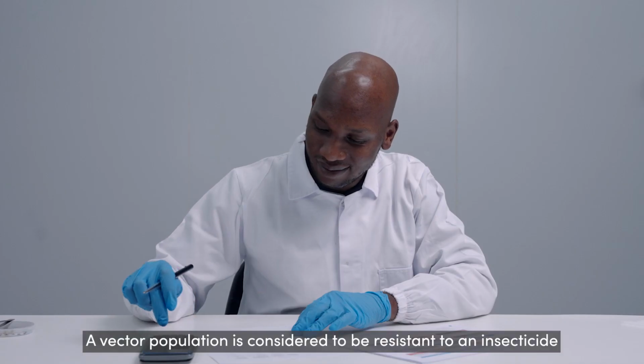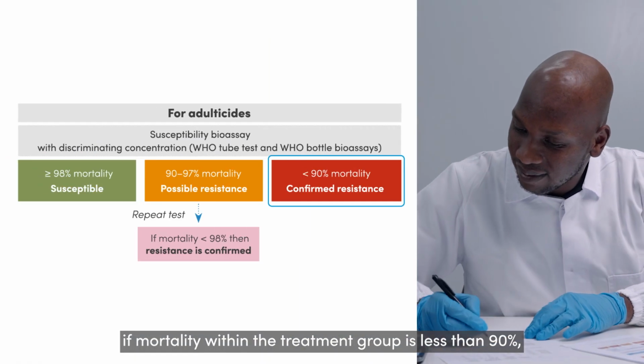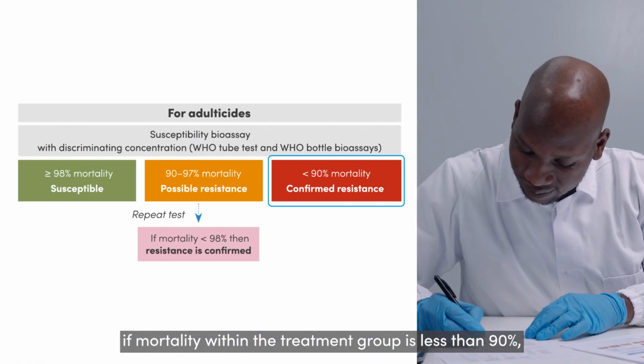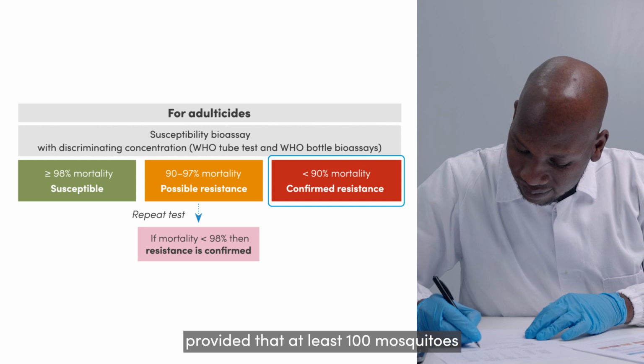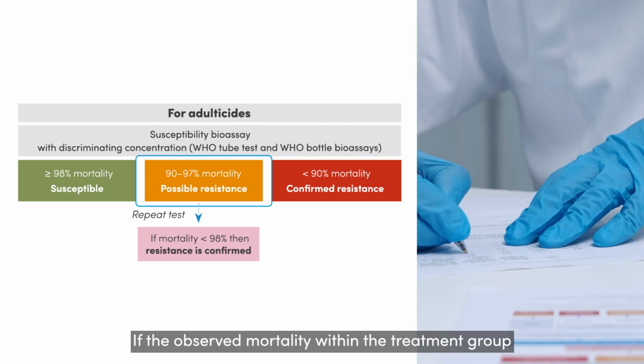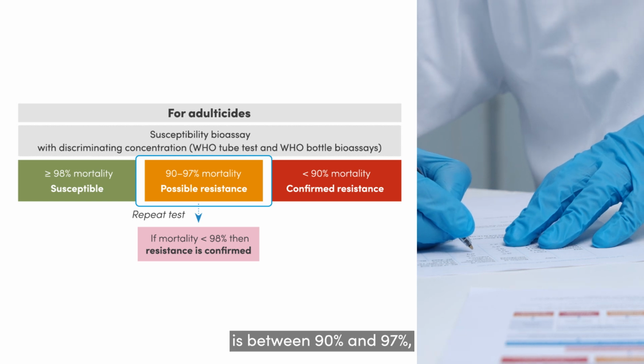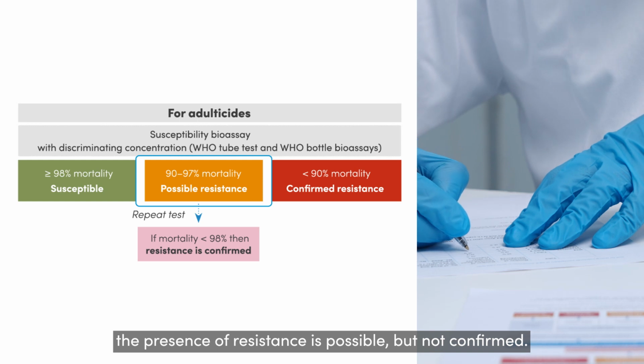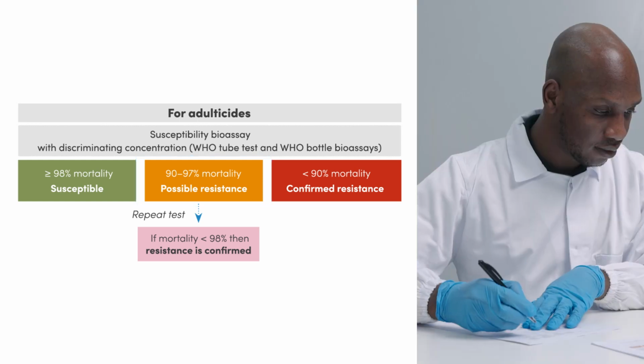A vector population is considered to be resistant to an insecticide if mortality within the treatment group is less than 90%, provided that at least 100 mosquitoes of each species were tested. If the observed mortality within the treatment group is between 90% and 97%, the presence of resistance is possible but not confirmed.